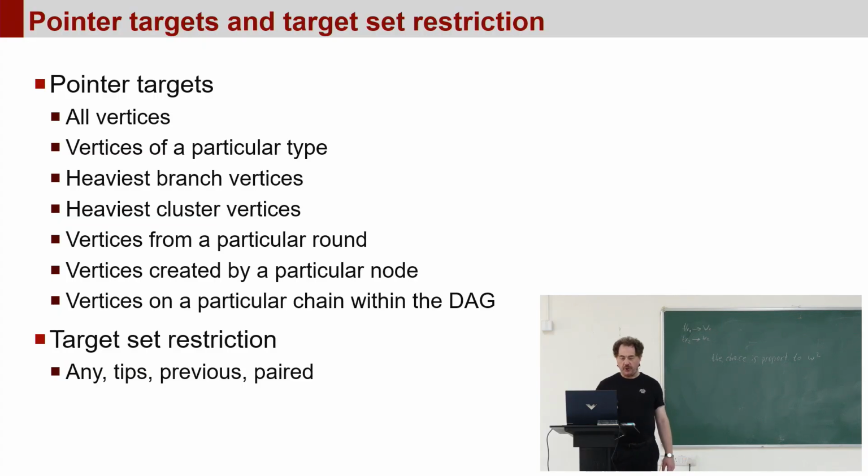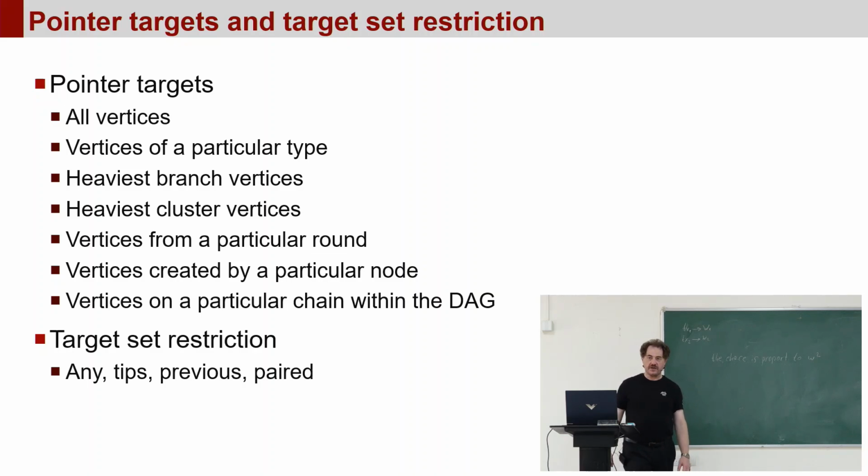What are the potential targets of pointers? It could be all vertices. It could be vertices of a particular type out of those types listed previously. In some systems, we pick the heaviest branch and only vertices from that branch.